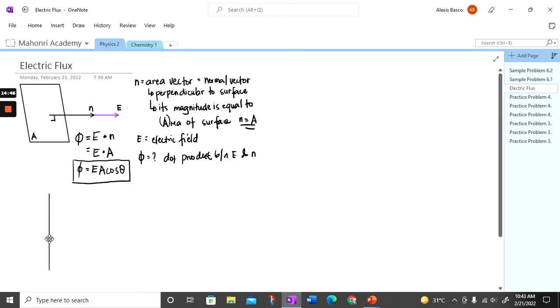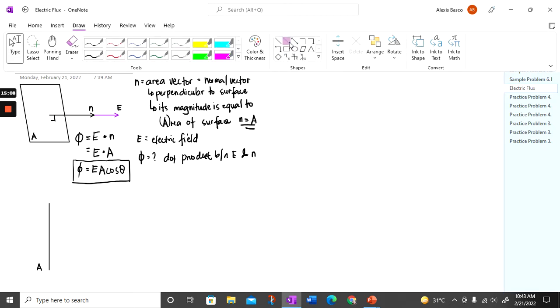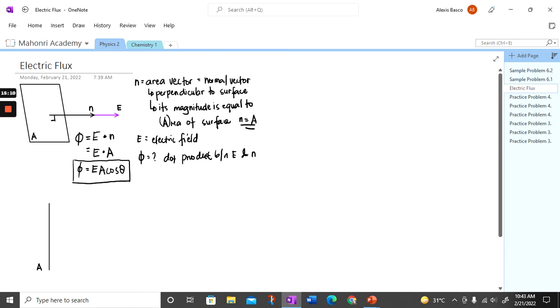This is my surface, this is my surface area, or basically my area. And if I look here, the normal will always be perpendicular to my surface. So my normal would look something like this, because it will always have to be perpendicular to my surface.